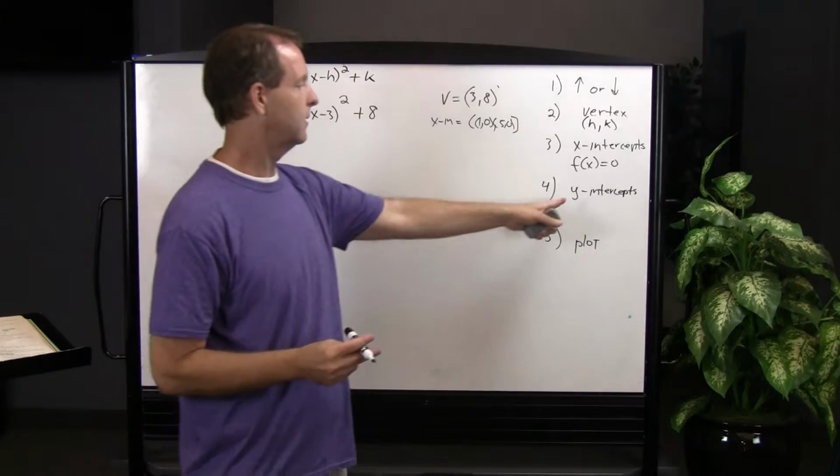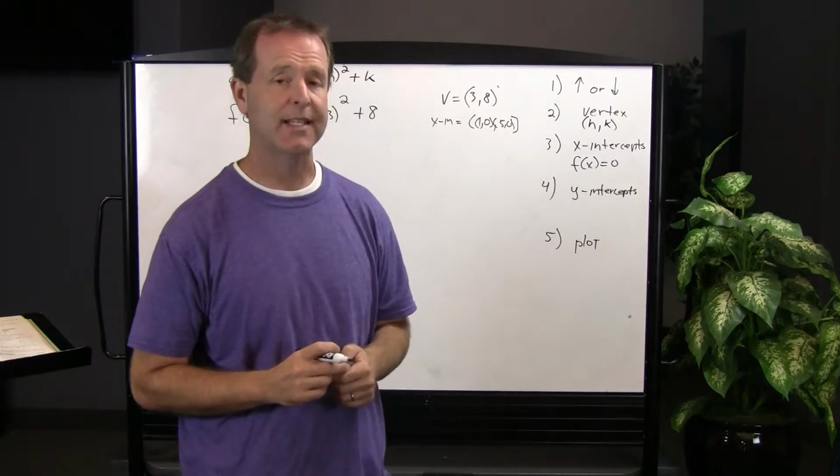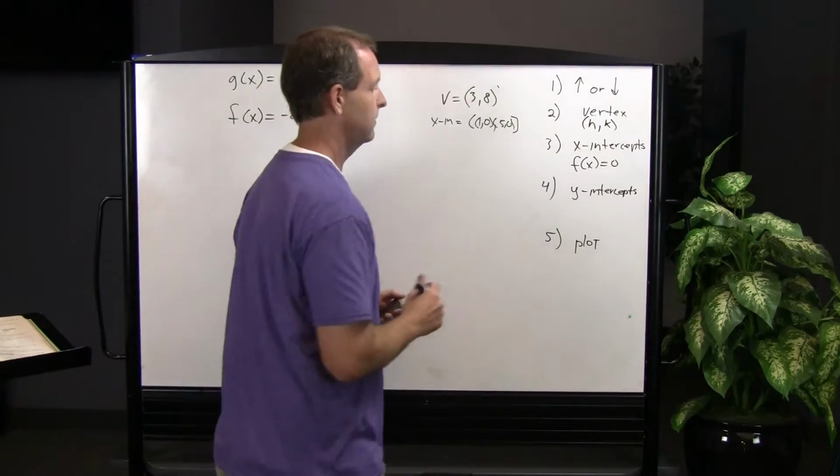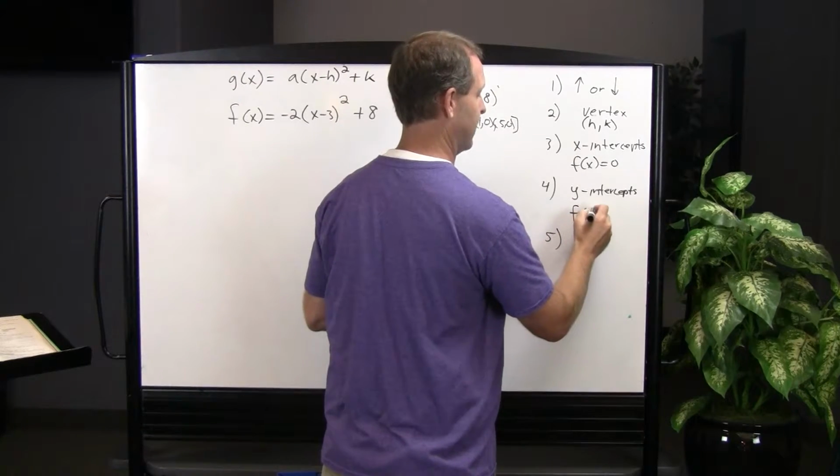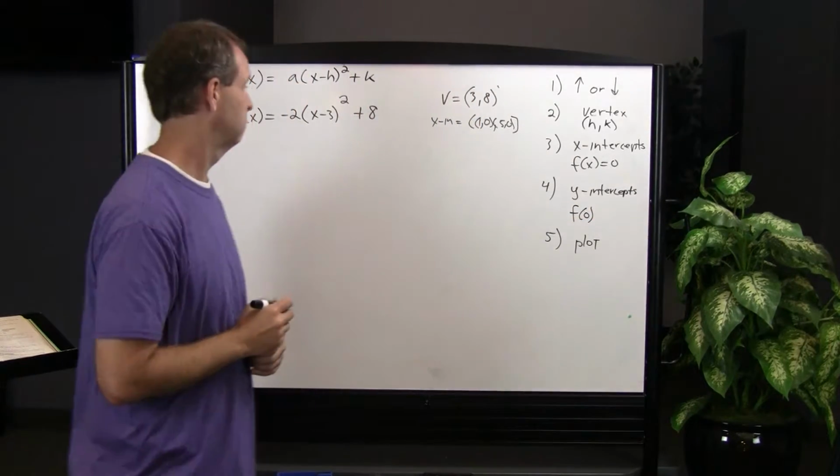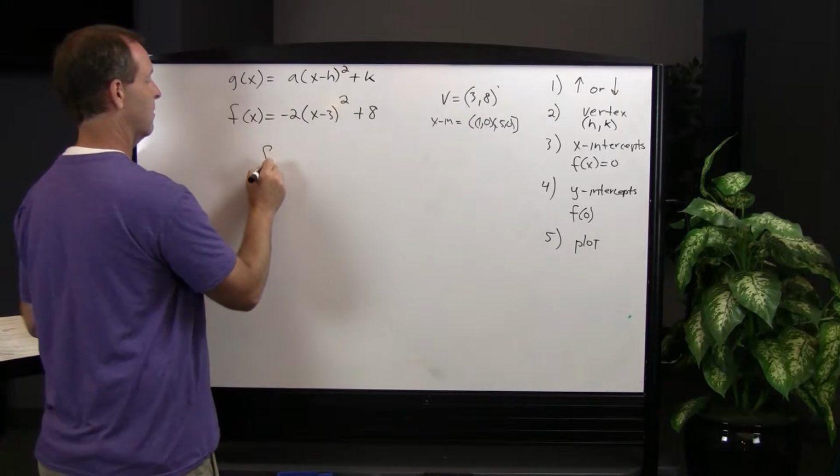Step number 4, I want to determine if this graph has any y-intercepts. And in this case, that's evaluating the function at f of 0. So let's look at that. f of 0.